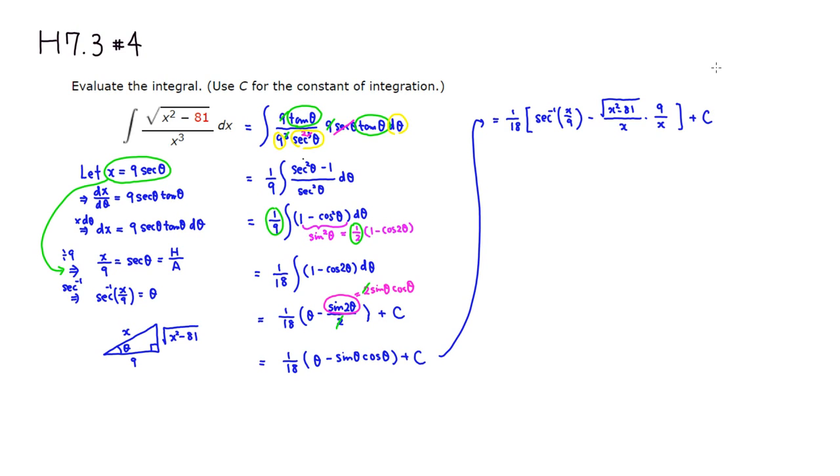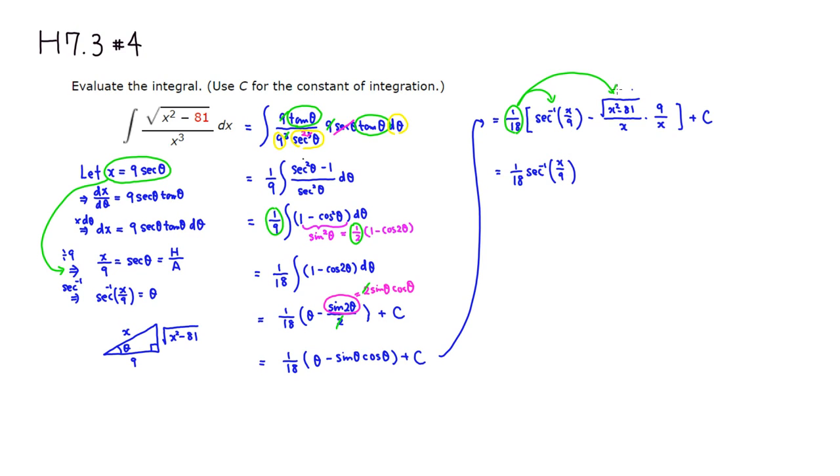We can clean up just a little bit more. I'm going to distribute 1 over 18 to both terms here. So it's going to be 1 over 18 times arc secant of x over 9.